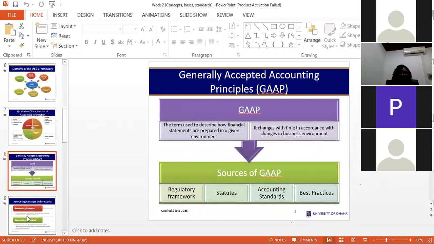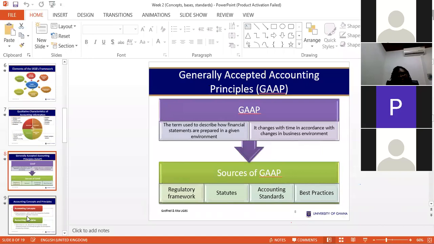So generally accepted accounting principles, or GAAP, is just a term used to describe how the financials are prepared. These are the guidelines that have been put together over time, from all the changes in the environment, from changes in regulations, from changes in accounting standards, from best practice.